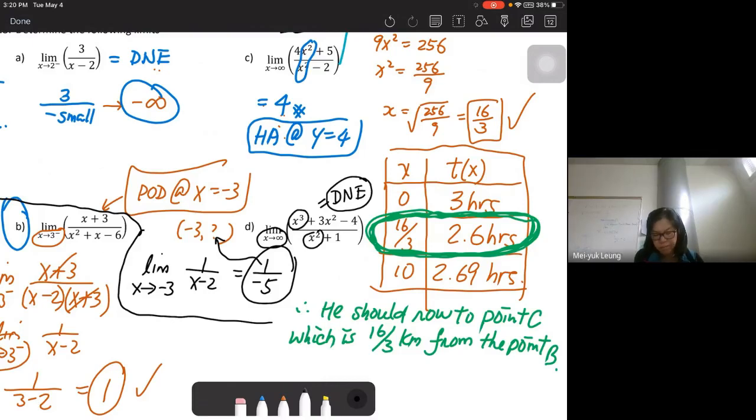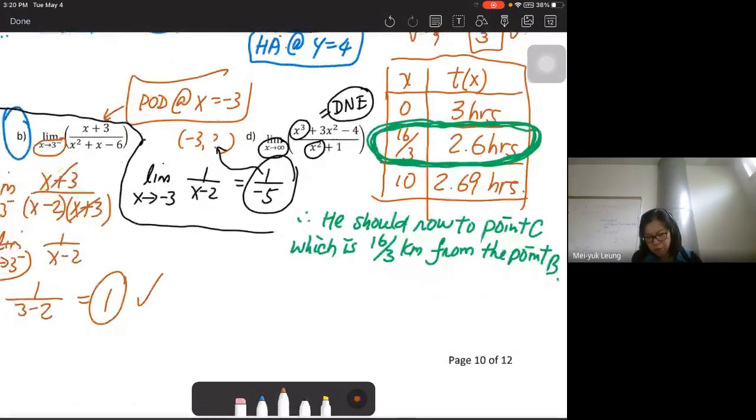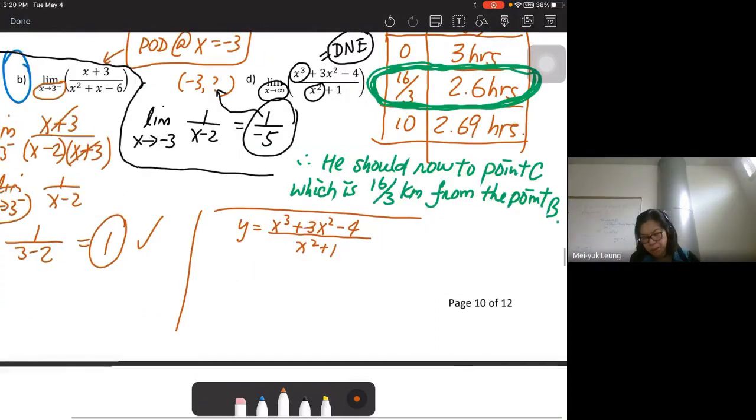But if you look carefully at this function, I still want to see if the function has any other asymptote. We know that this function doesn't have any vertical asymptote because x squared plus 1 is always greater than 0, right? We don't have any non-permissible value.